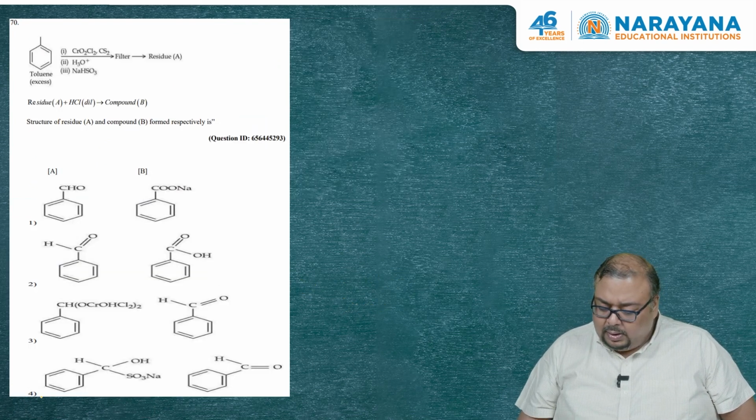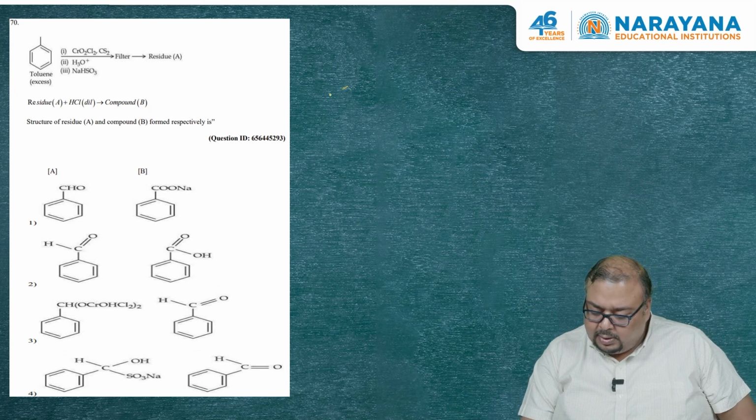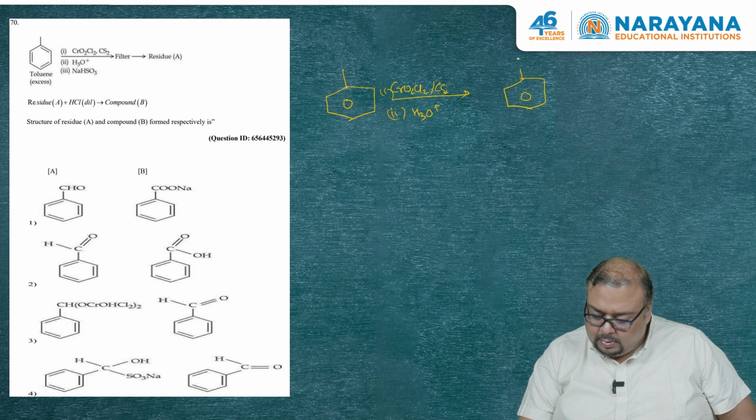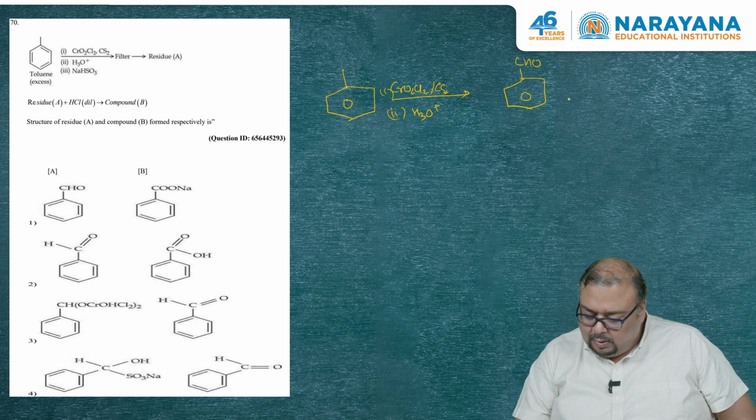Now question number 70 is a reaction sequence question. So we'll write it. We are starting with toluene and we are treating it with CrO2Cl2 in CS2, and H3O+. When we do this, we'll be getting benzaldehyde. And with NaHSO3, we get a sodium bisulfite addition of aldehydes.